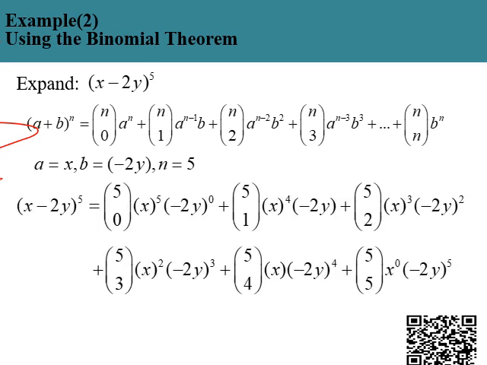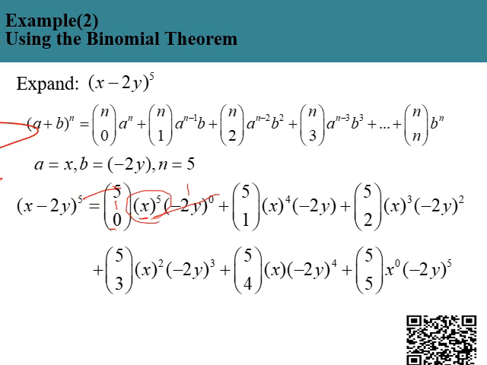So by writing the first term, 5 is the power. First term takes 0, and then x to the power of 5, minus 2y to the power of 0. Notice that this will give me 1, and 5 above 0 will give me 1. So the remainder will be the first term, x to the power of 5.